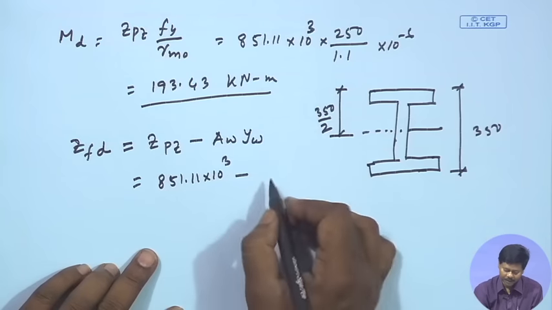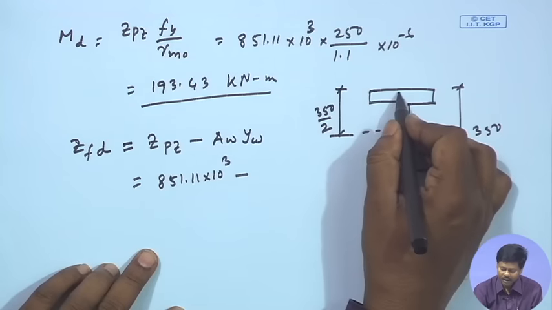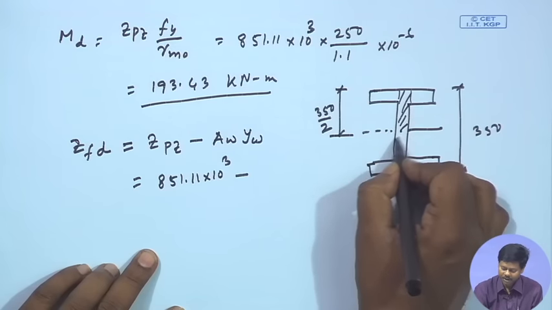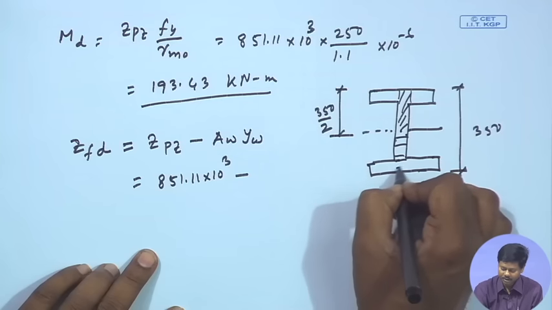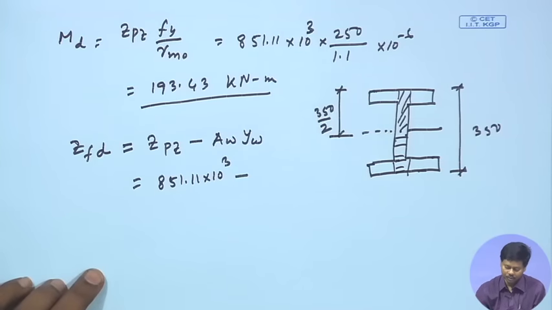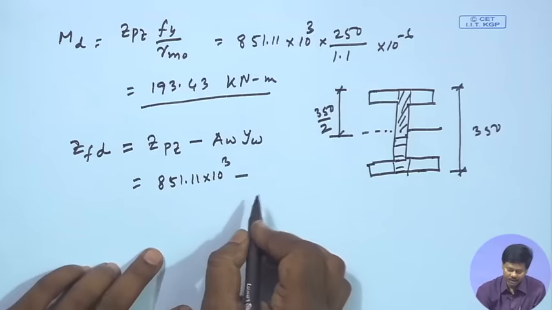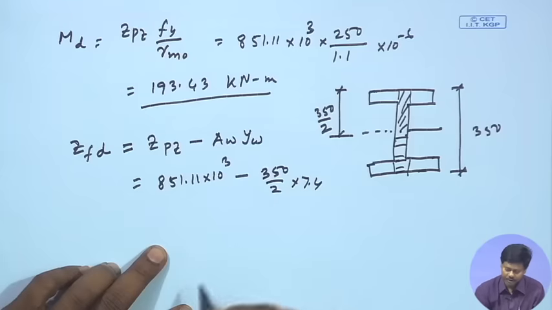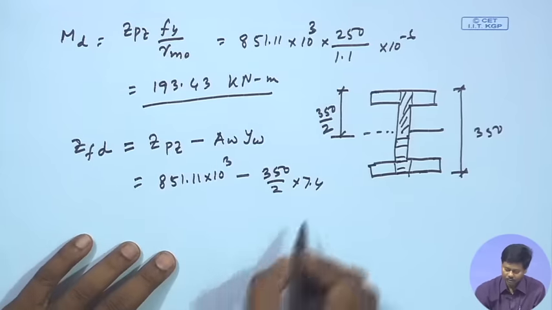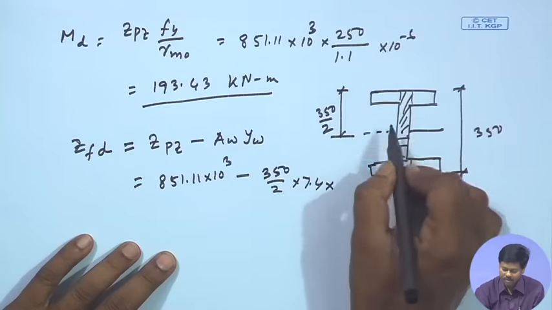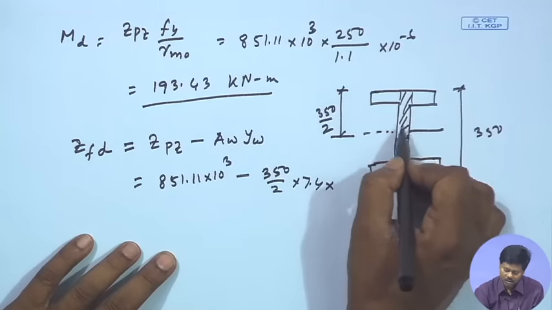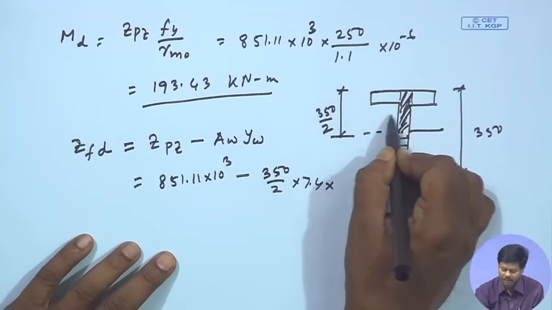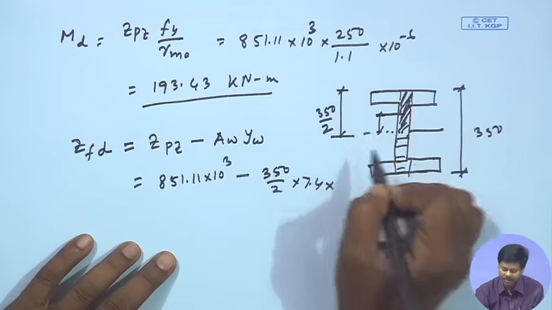Now, we have to find out Aw. Aw is the area of this plus the area of this, right. So, Aw will become basically 350 by 2 into 7.4. This is Aw into Yw. Yw means the CG of the area from the neutral axis. The CG of this area will become somewhere here, that is 350 by 4.